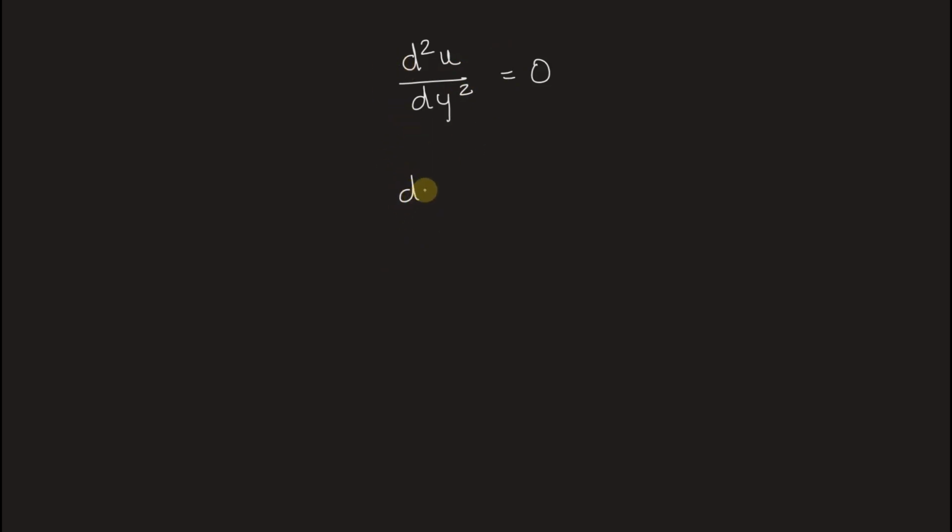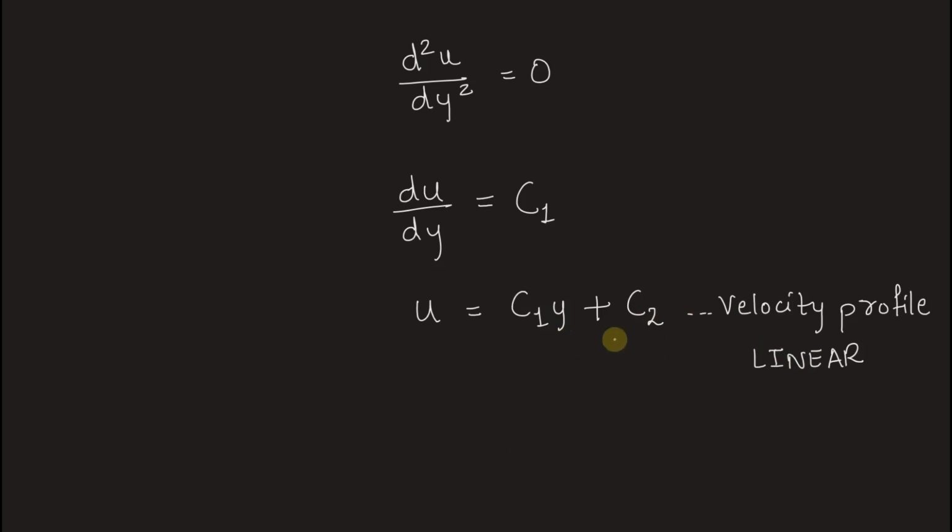We get du by dy is equal to a constant. Let that constant be c1. Integrating it again with respect to y, we get u is equal to c1 into y plus another constant, let that be c2. So this is our velocity profile, which is linear.